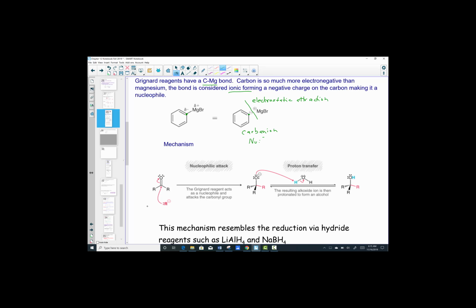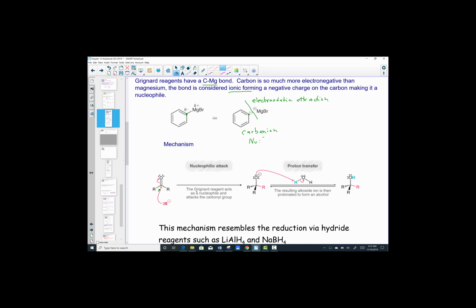A moment ago, when we looked at the aluminum hydride or the boron hydride, it was the hydrogen that was coming up to attack the carbonyl carbon. That hydride anion added an H to go from sp2 to sp3.